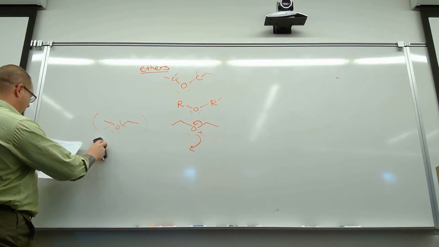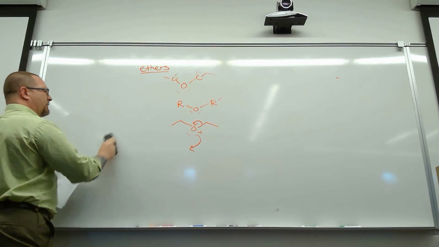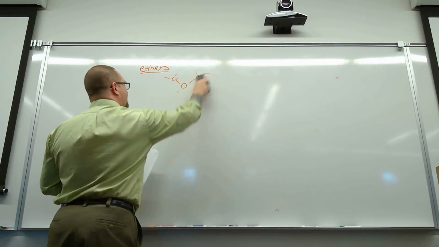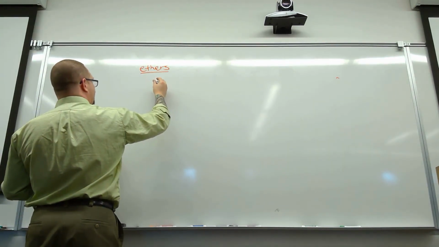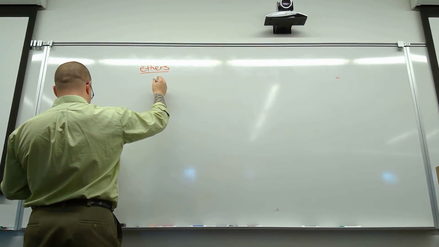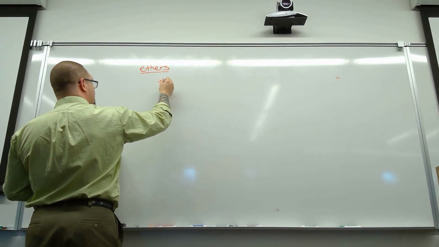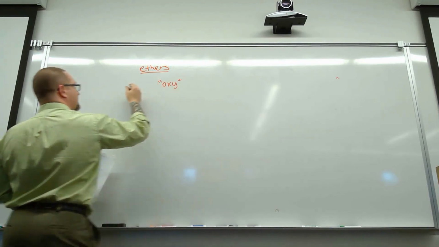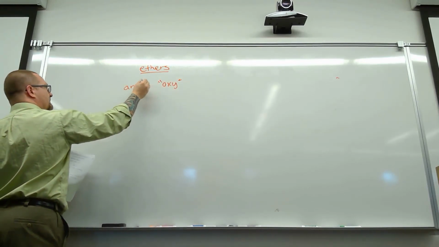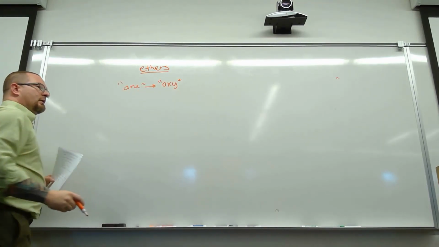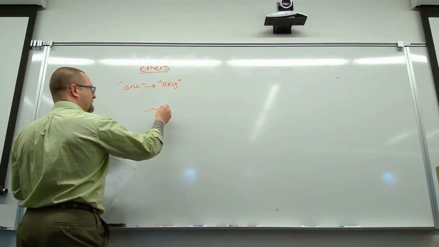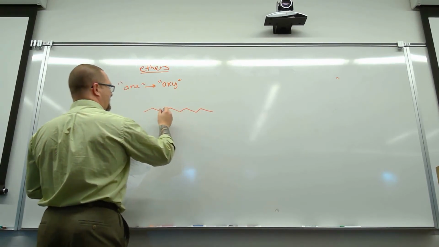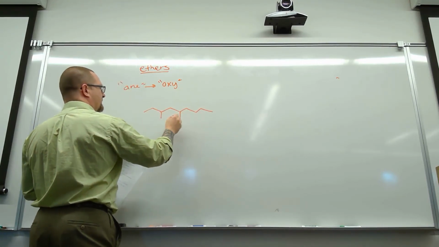If you need to name a larger structure because it's modified by an ether, you change the name to oxy from ane. Let's say we have something like, I'm going to make something funky over here.